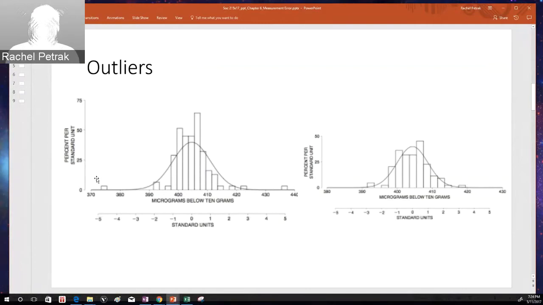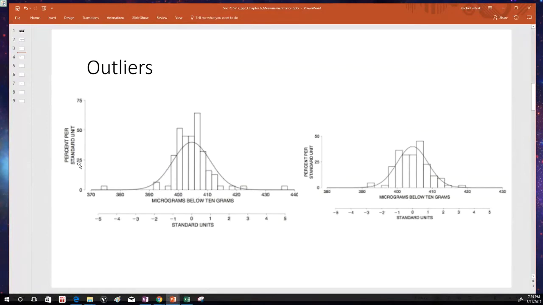And as we know, scores that are much farther than expected from the mean tend to skew the distribution in one direction or another. At the very minimum, I mean, here we have outliers on both sides, but at the very minimum, the outliers change the spread of the distribution and of the units that describe it.